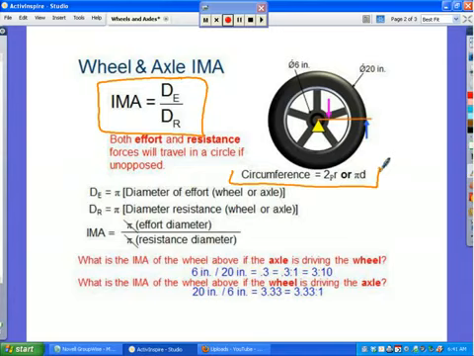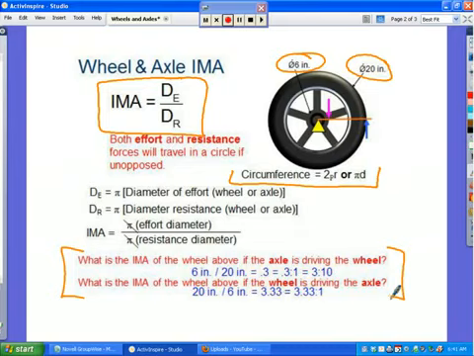If they give me a radius on the axle or the wheel, I have to find the diameter by multiplying by 2. If they give me a diameter, like they did in this example, the diameter of the wheel is 20 inches, the diameter of the axle is 6 inches. This little section down here is asking what the IMA is if the wheel is driving the axle.